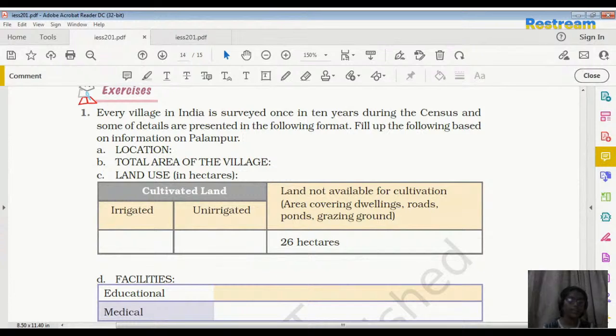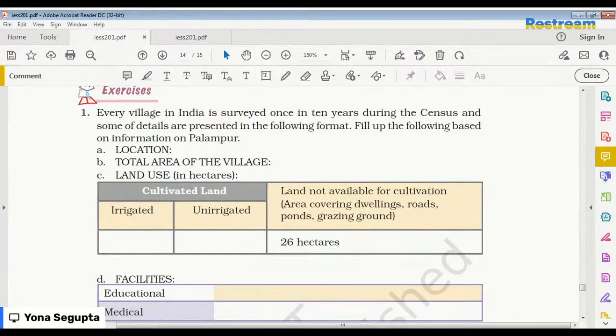The first one is location, second is total area of the village, third is land use in hectares, and fourth is facilities.